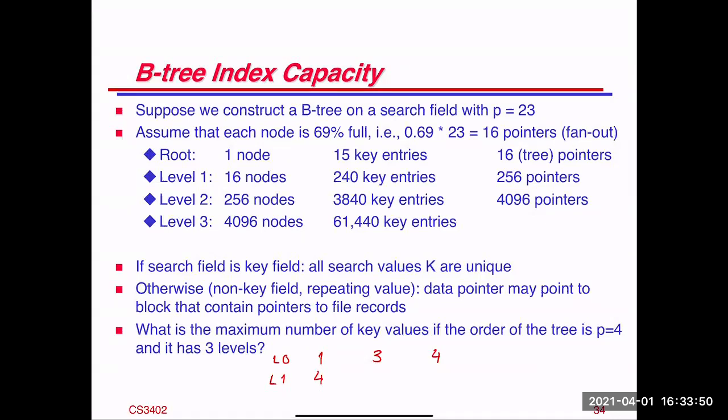And therefore, since my order is 4, I will have 4 times 3, which is 12 key entries and 16 tree pointers. And then on the 3rd level, level 2, I will have 16 nodes and now 48 search key values, right?